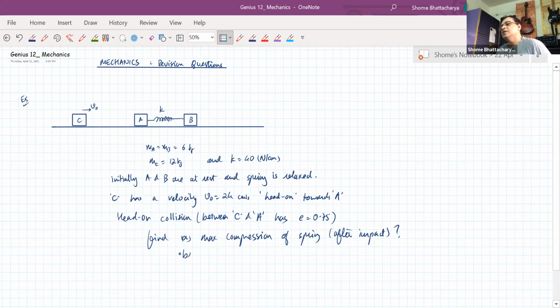We want to find the maximum extension of the spring also after impact. So this is a bit of a trick question. Then we want to find B's maximum speed after impact.